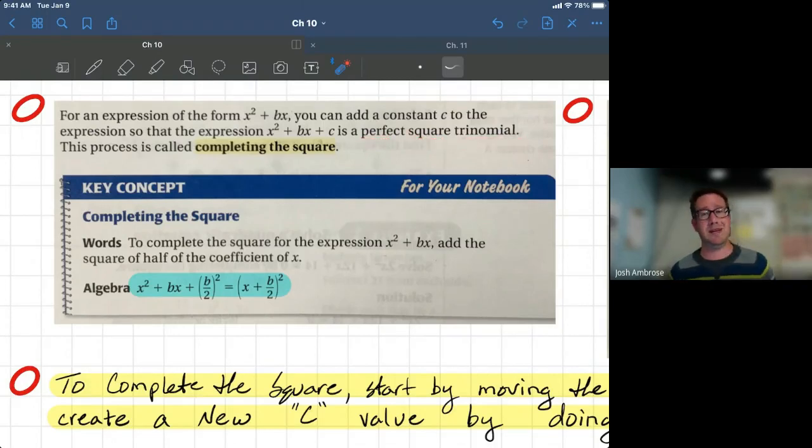You will be creating the value of c that makes the trinomial a perfect square. So how do we do that? For starters, if there's a c value, you're going to move it over to the other side of the equal sign, and then you're going to use this new equation right here.